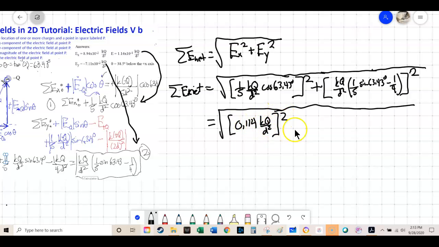That's the x direction. And the y direction is going to actually just be 0.0711 kq over d squared, right?